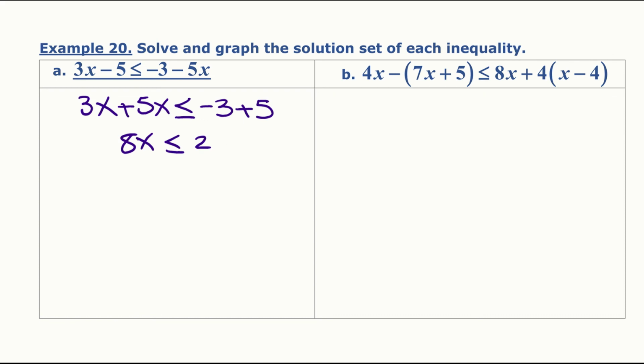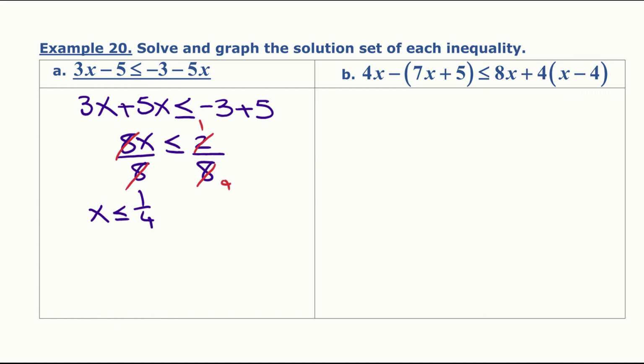Divide both sides by 8. And there's no need to change the direction because we're not dividing by a negative number. These cancel out. These leave you 1 and 4. So we end up with x is less than or equal to 1/4.